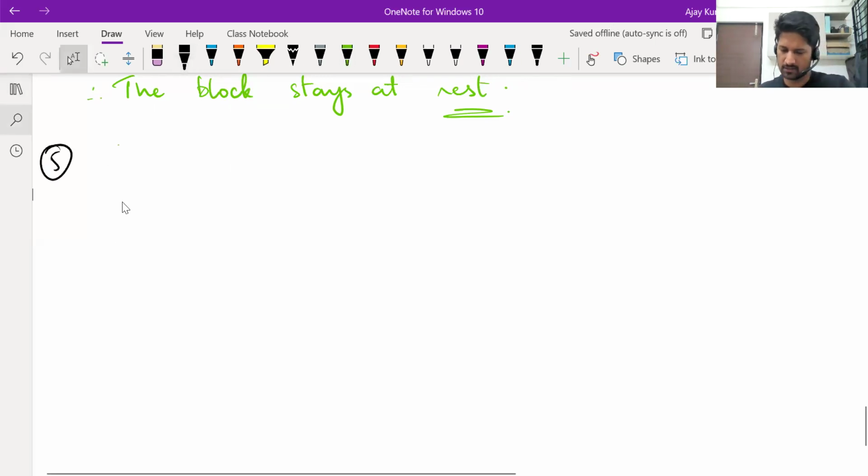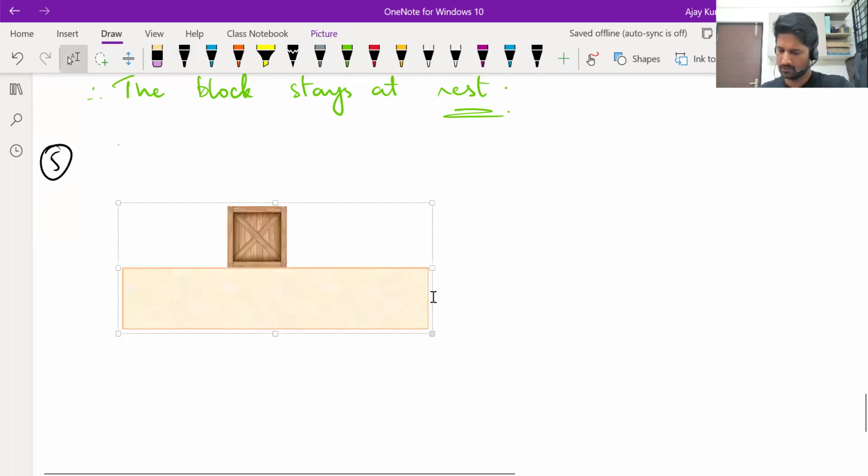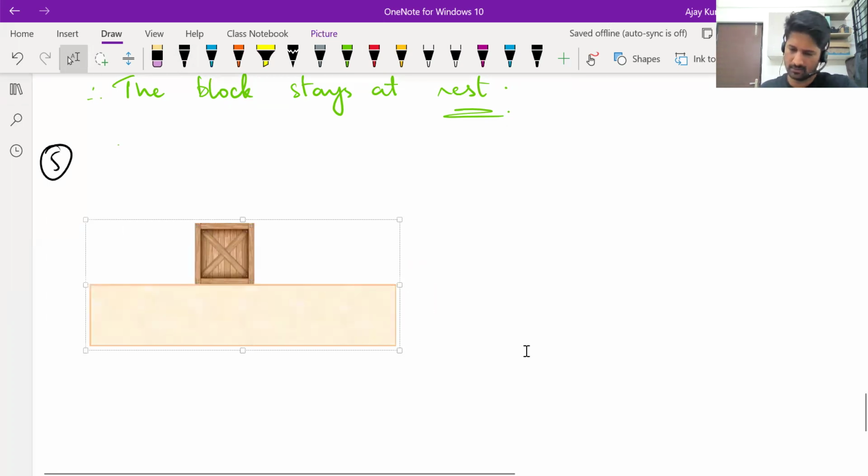Okay, now consider this situation. There's a block and it's a rough surface. On top of this block, let us place another object.